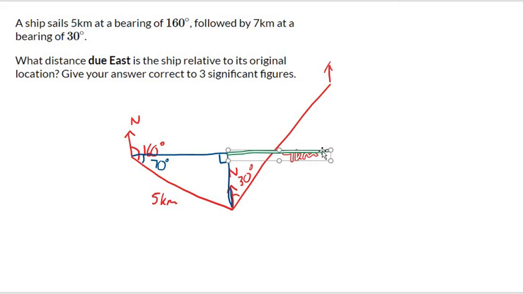Okay, so I'm going to move this line to make a nice right-angled triangle to make this a little bit easier. Let me just get the 7 kilometers rewritten on there so that it's less confusing.